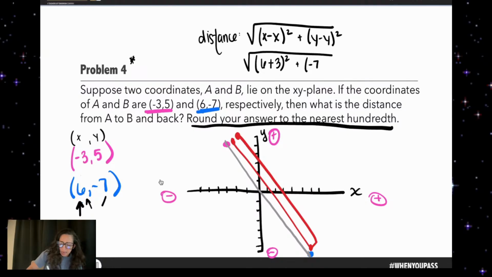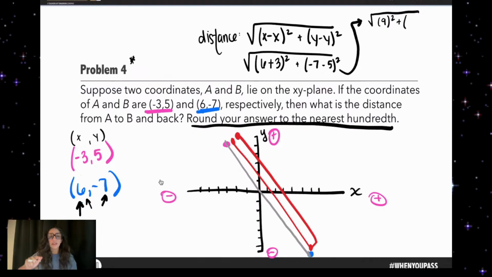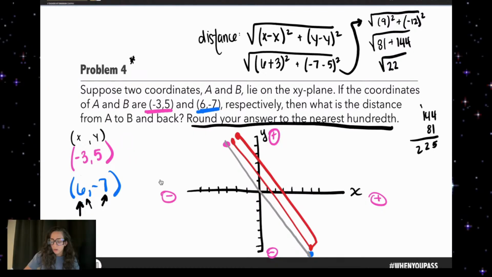Because I did the 6 first, I have to do the -7 first, minus 5 squared. 6 plus 3 is 9, plus -7 minus 5 more is -12 squared. 9 squared is 81. -12 times -12 is positive 144. And this is the square root of 225.